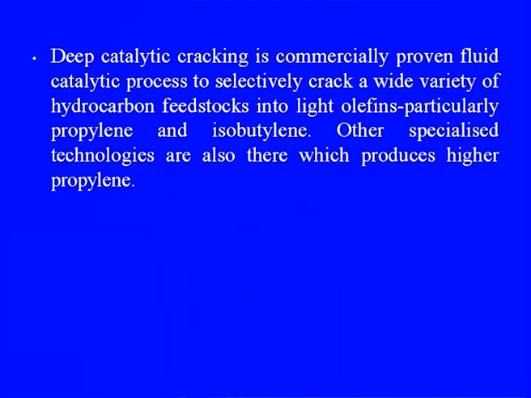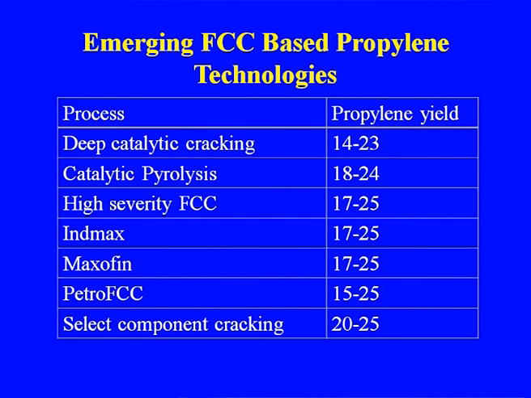Other specialized technologies are also there which produce higher propylene apart from deep catalytic cracking. These are some of the developments that have taken place in the case of the FCC, that is, deep catalytic cracking.